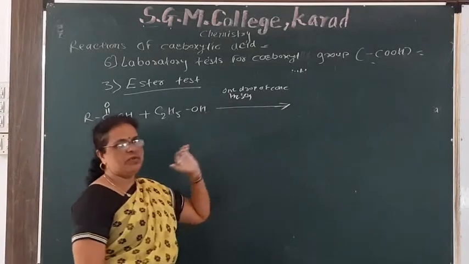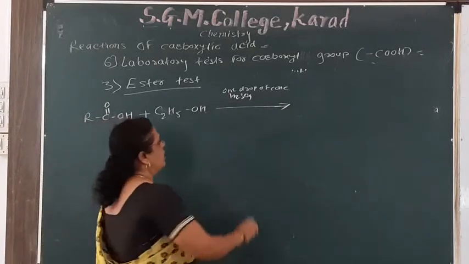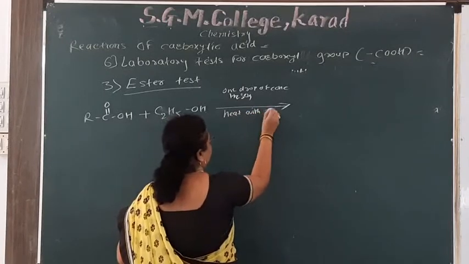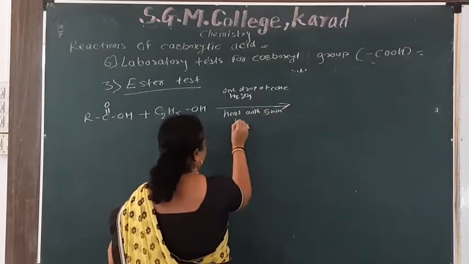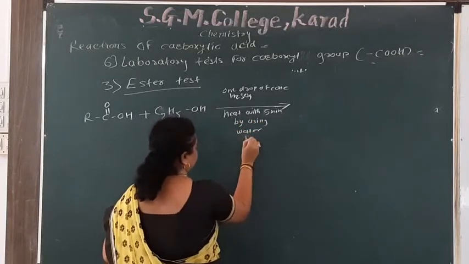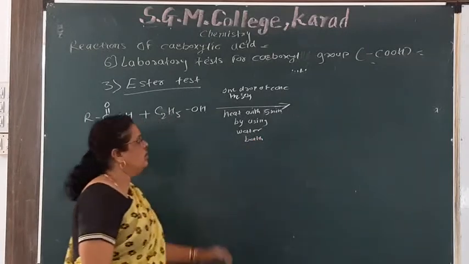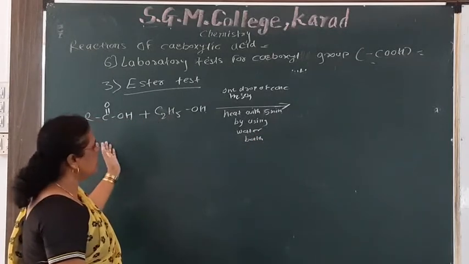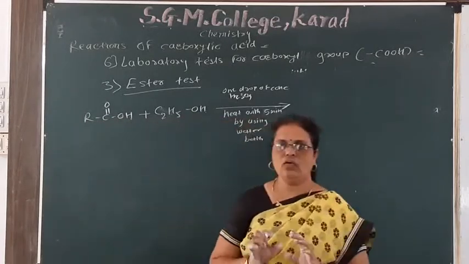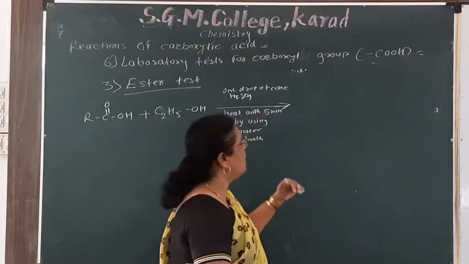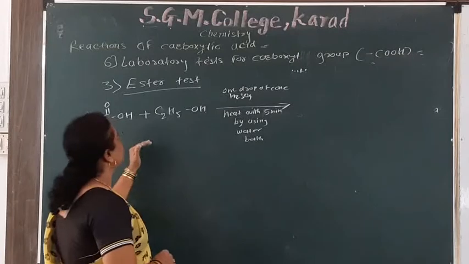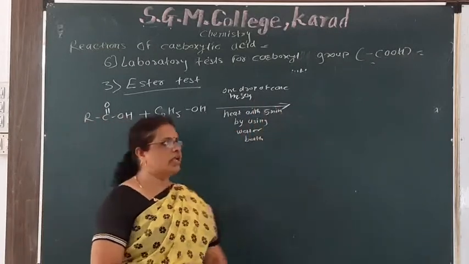Then this reaction mixture is heated for 5 minutes using a water bath. Then this mixture is poured in a beaker containing water. If we get a fruity smell of ester, this indicates that the given compound contains COOH group.